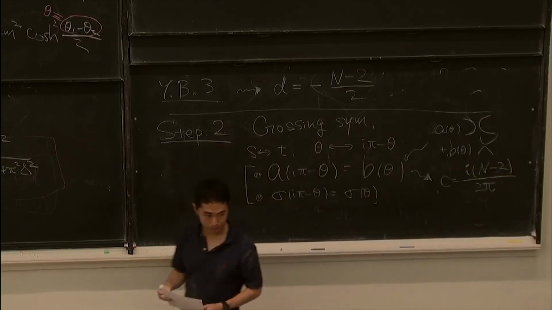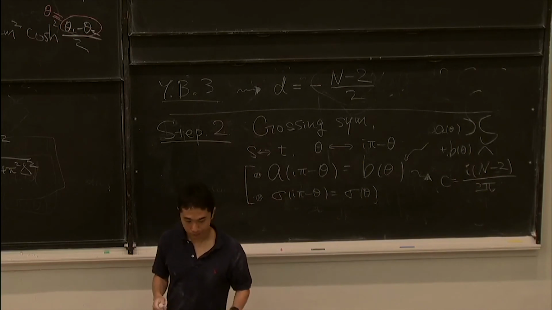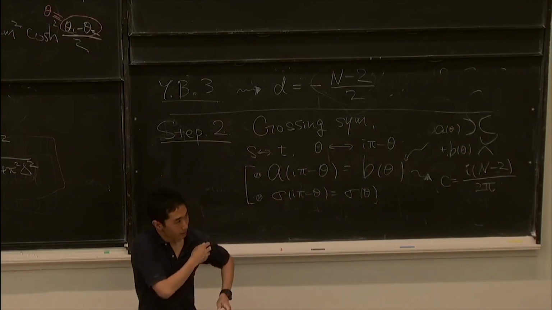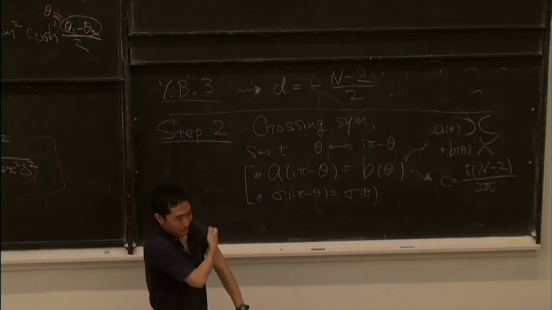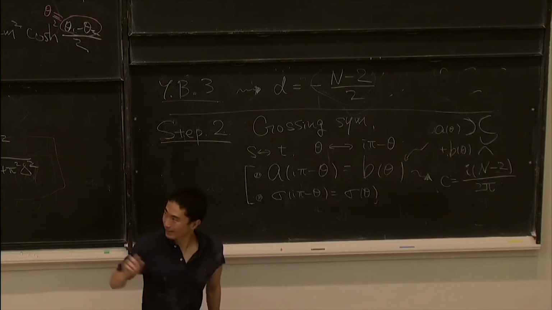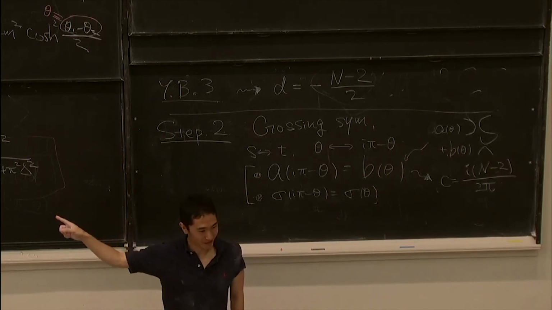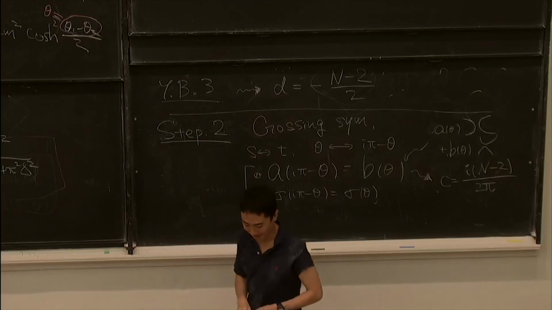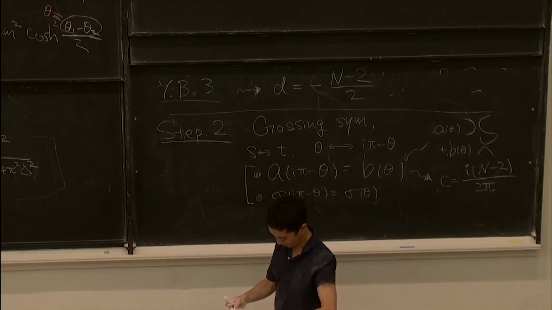This is becoming divergent at n equal to 2. That's kind of expected because the argument that I presented involves three different colors, so this doesn't apply to n equal 2.